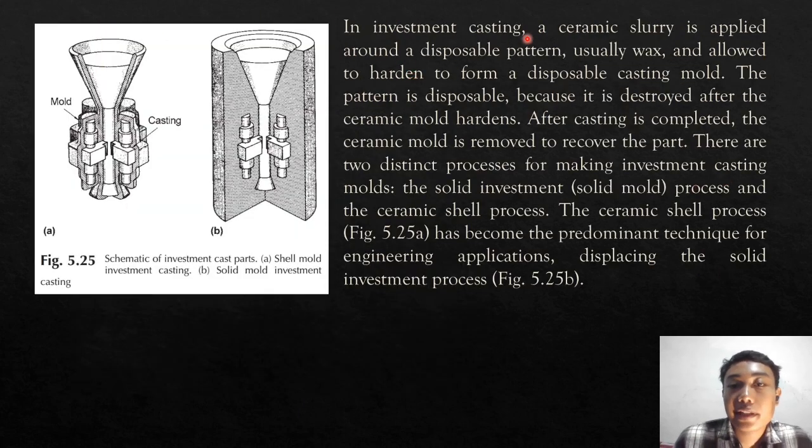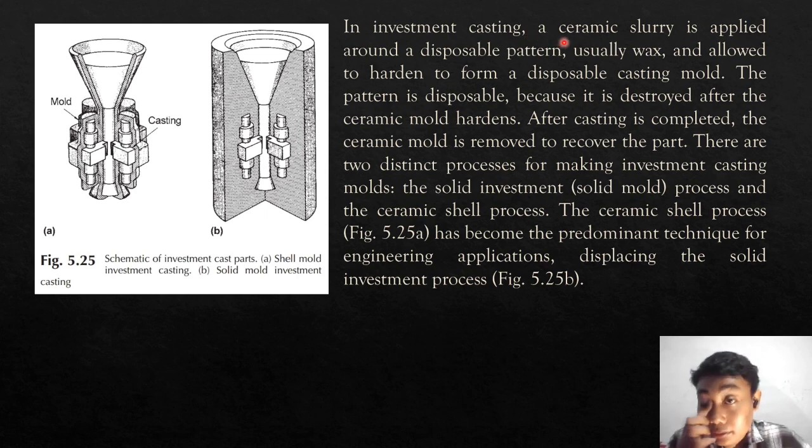In investment casting, a chemical slurry is applied around a disposable pattern, usually wax, and allowed to harden to form a disposable ceramic casting mold.